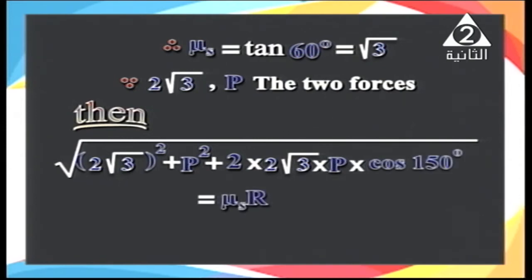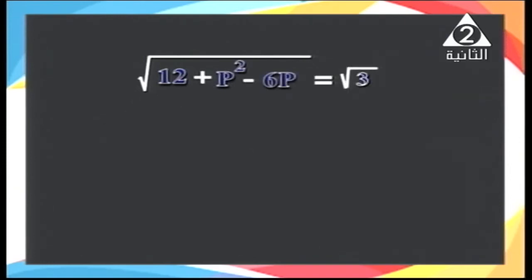Equals mu s R. By substitution, this resultant equals root 3 times 2. We find the square root of b squared minus 6b plus 12 equals root 3.